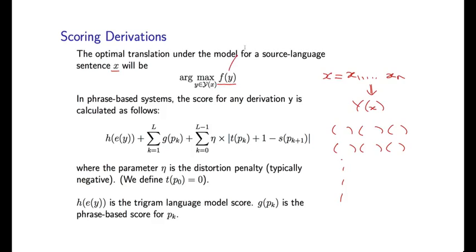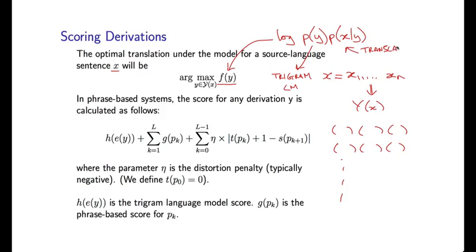Okay, and f of y is, roughly speaking, something like log p of y times p of x given y, where this is a trigram language model, and this is the translation model.